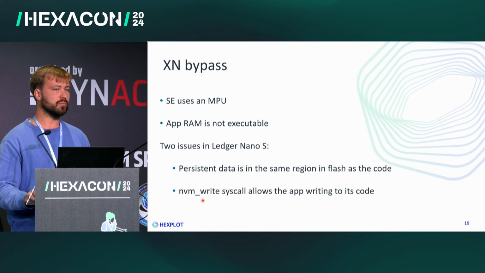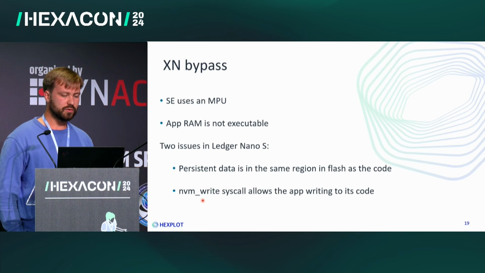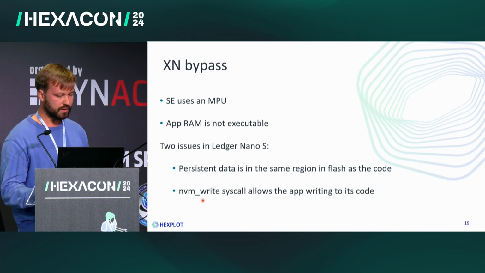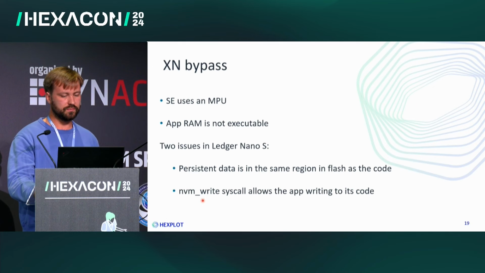So you don't want to allow applications to modify themselves and get persistence on the app as well. So that's probably undesired behavior. Maybe it's also the moment to mention that all of those things were already fixed by Ledger some time ago, but there was still an issue here. Some of them I rediscovered, and some of them were clearly fixed before.